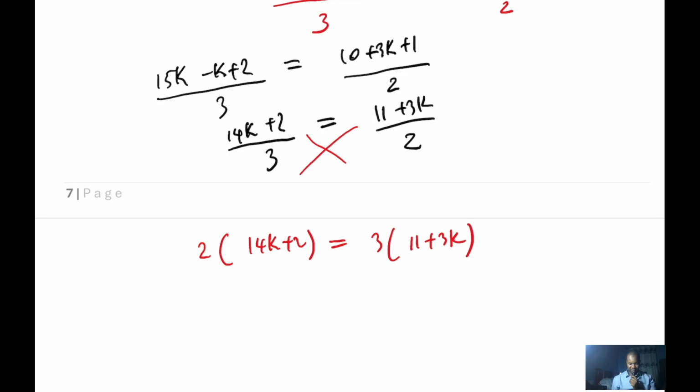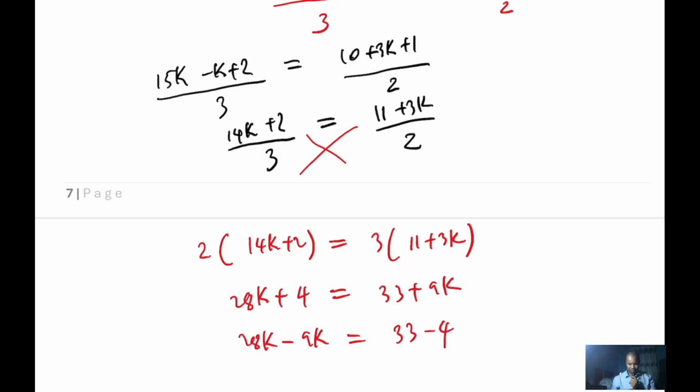Open the bracket once again. So you have 28k plus 4 equals 33 plus 9k. And now we collect like terms again. So 28k minus 9k equals 33 minus 4.